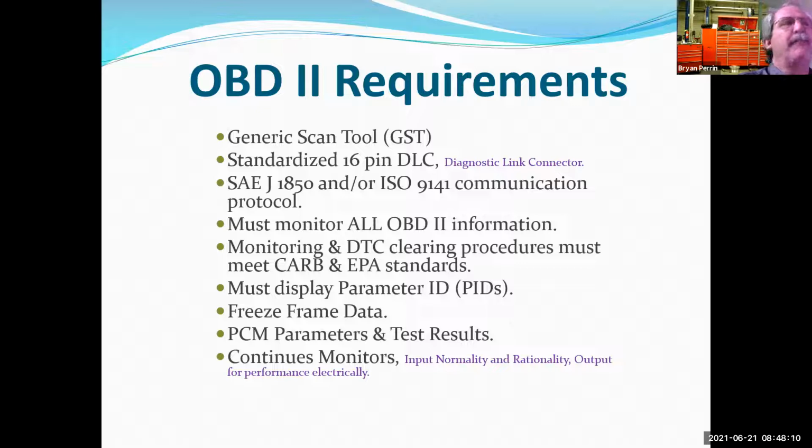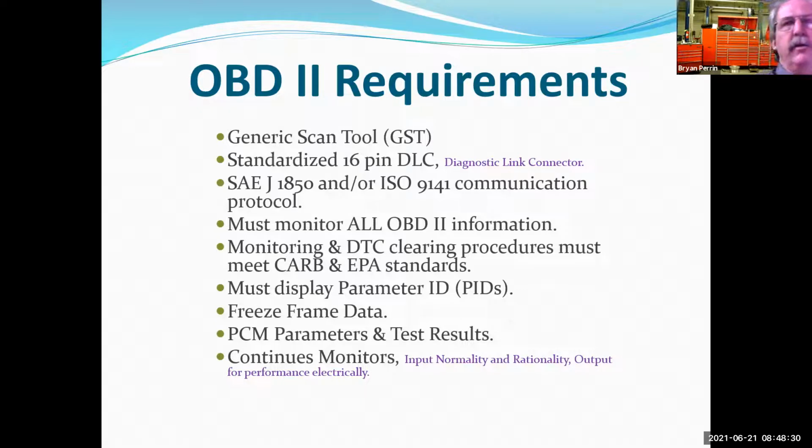In other words, if I'm looking at a sensor, is it following the 90-10 rule? I shouldn't be below 10%. I shouldn't be above 90%. So I should never see 0 volts or 5 volts on a 5-volt sensor. If I do, then it's out of normality.